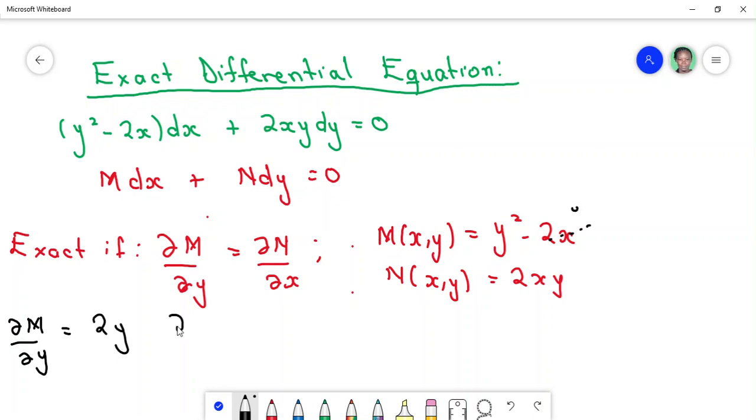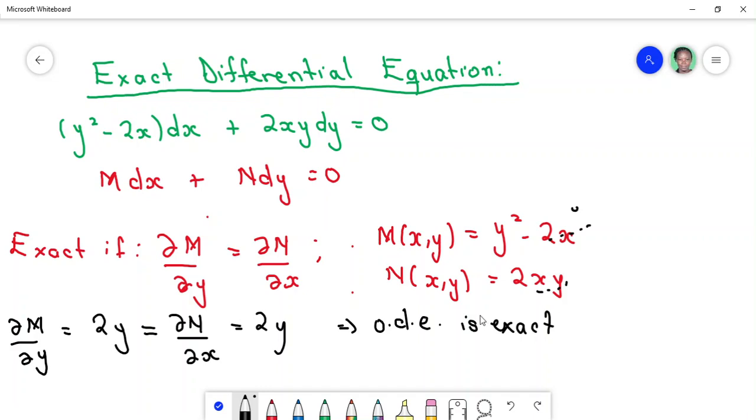Then if I take the partial derivative of N with respect to x, if I differentiate this with respect to x, I have 2y. So you realize that this is equal to that. So this implies that the ordinary differential equation I'm looking at is exact.